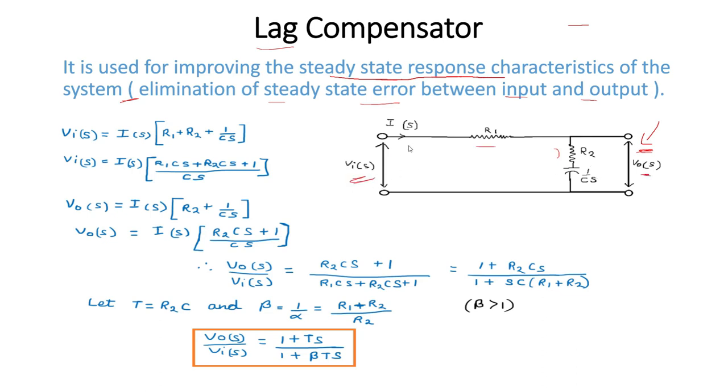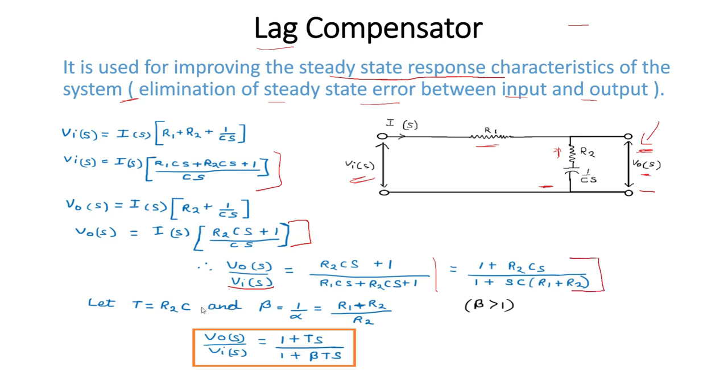Input is what? Is into R1 plus R2 plus 1 upon CS. So Vi is equal to this. And what is output? Output is Is into R2 plus 1 upon CS. So this is your V0, and then we will find the transfer function, which is V0 upon Vi. So this is your transfer function, and here we have made some arrangement.